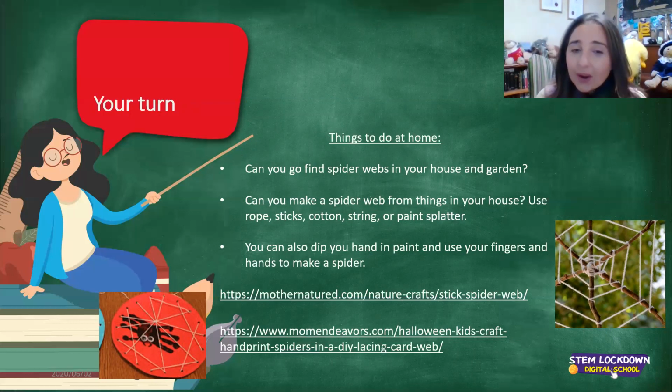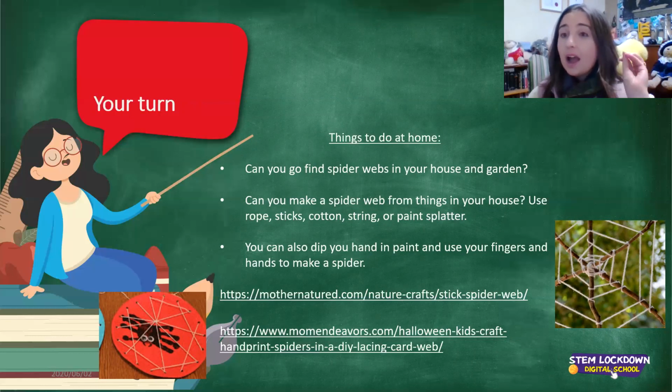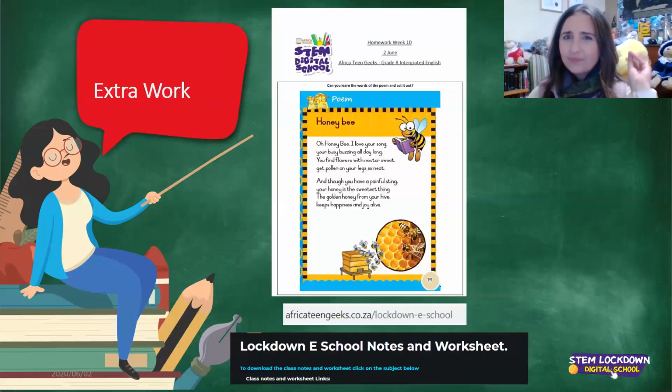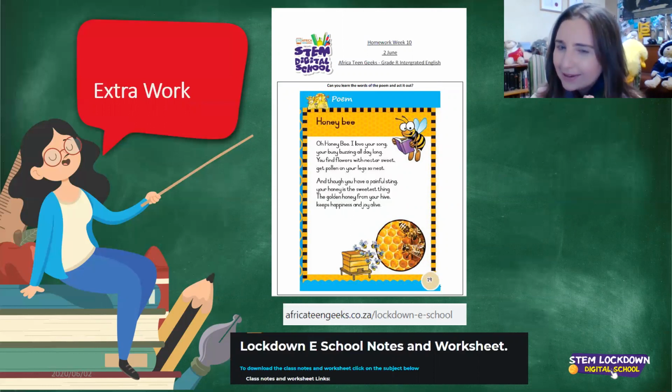You can also go to those 2 website links and go find some more spiderweb craft. There are some fascinating things, and go and support all those people online to show them, that's showing you what you can do. Right, so there is our honeybee poem for you to go practice the words on and act it out.